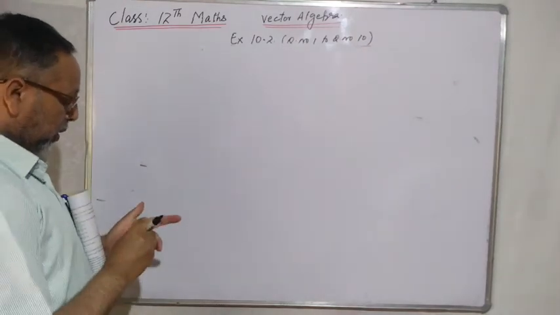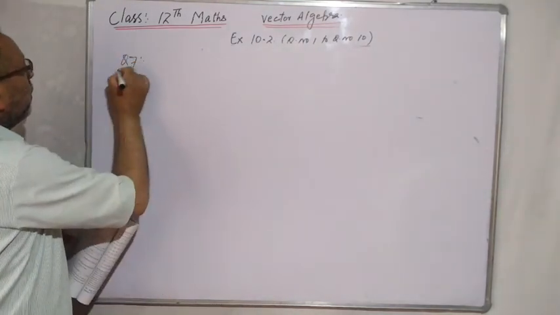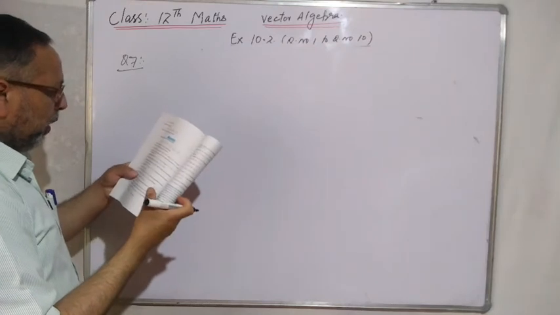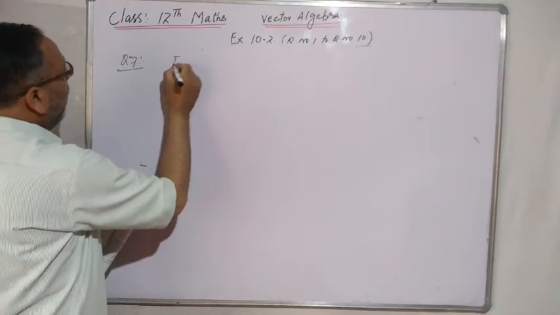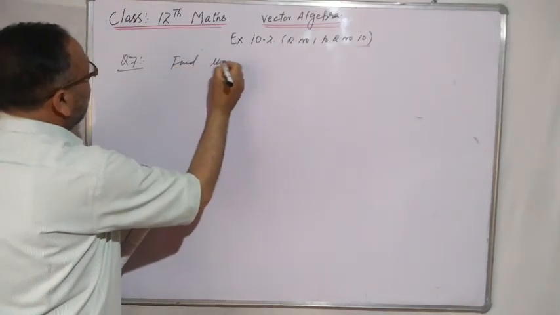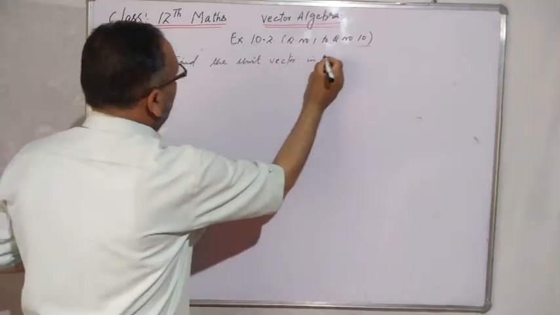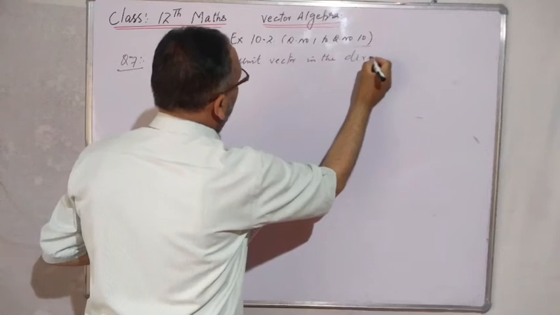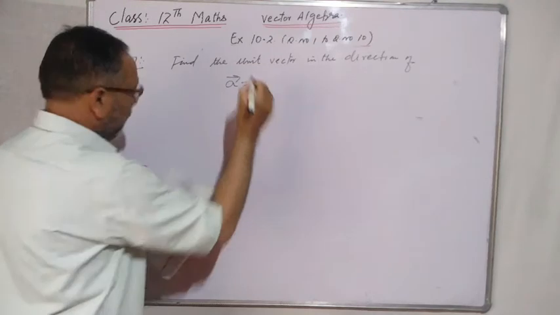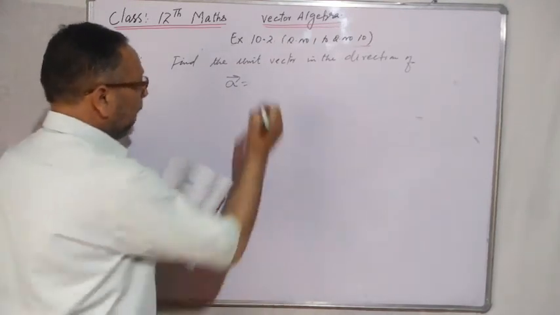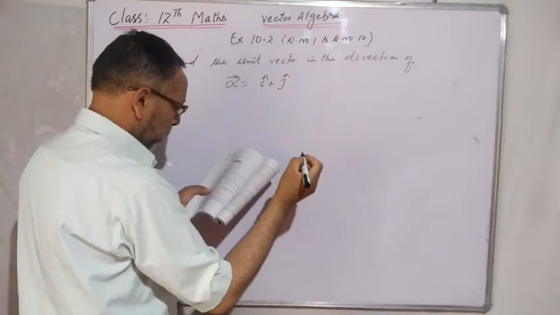Seventh question. Find the unit vector in the direction of the vector A, which is given as i cap plus j cap plus 2k cap.